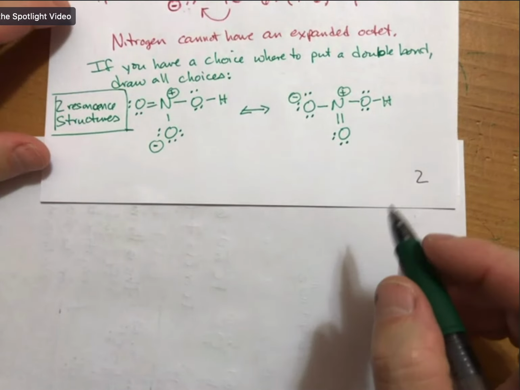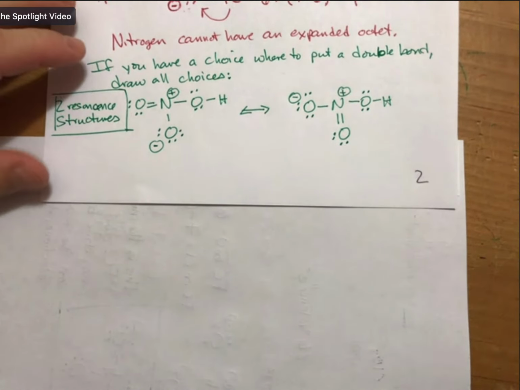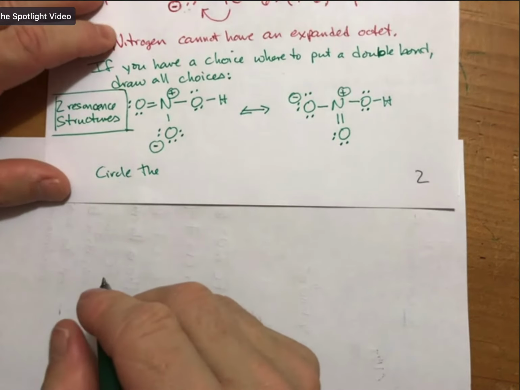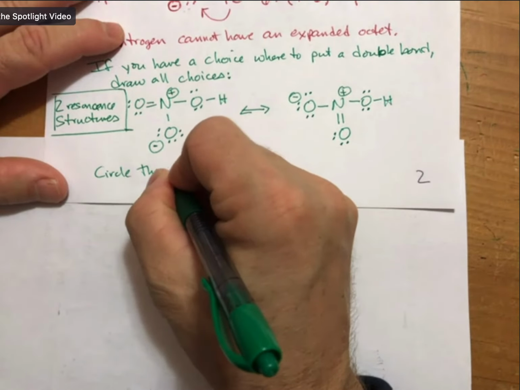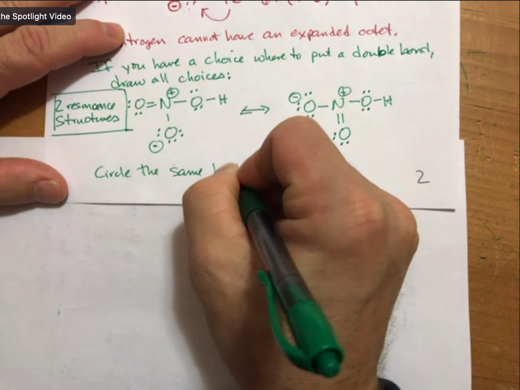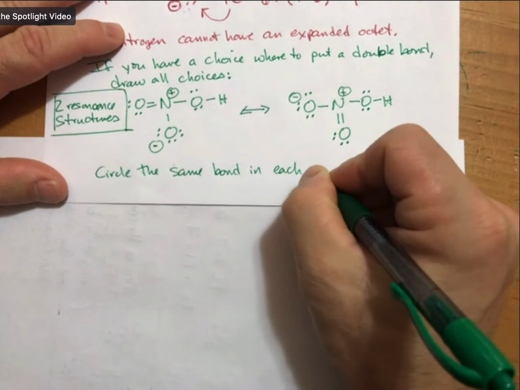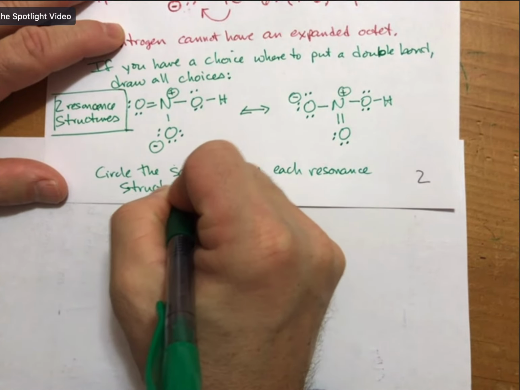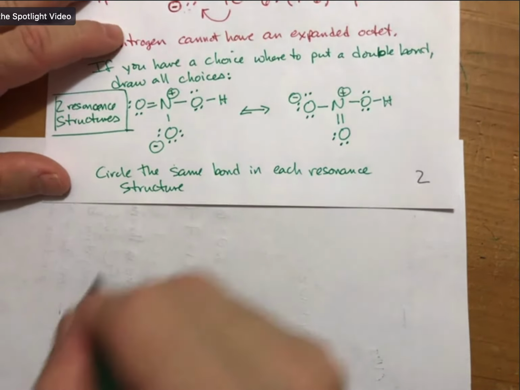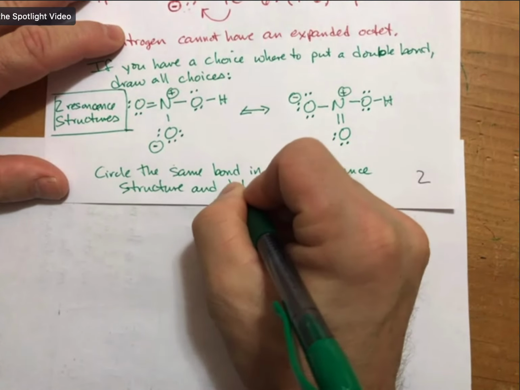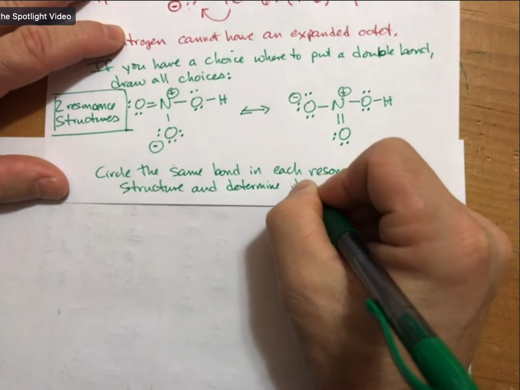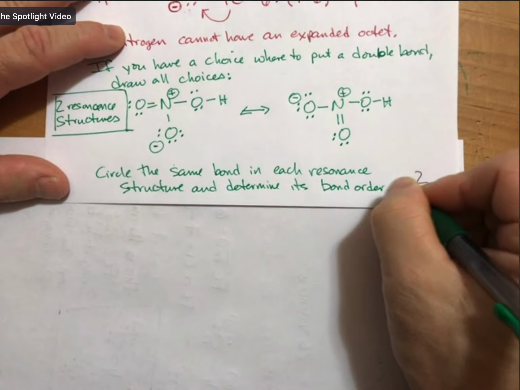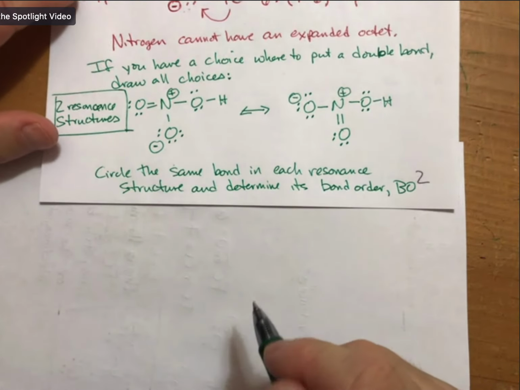So the way in which you do that is you circle the same bond in each resonance structure and determine its bond order. My abbreviation for bond order is BO.